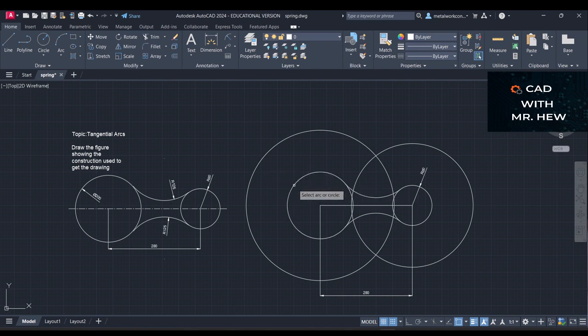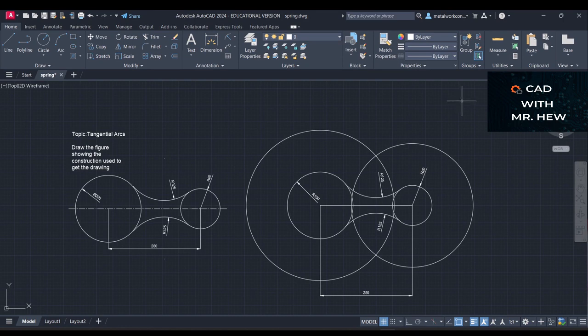I'm gonna label this one. All right. Then I'm gonna label this one. I'm gonna label this one. All right, there it is. Then I'm gonna label the next one. There it is. And here we have completed our drawing.